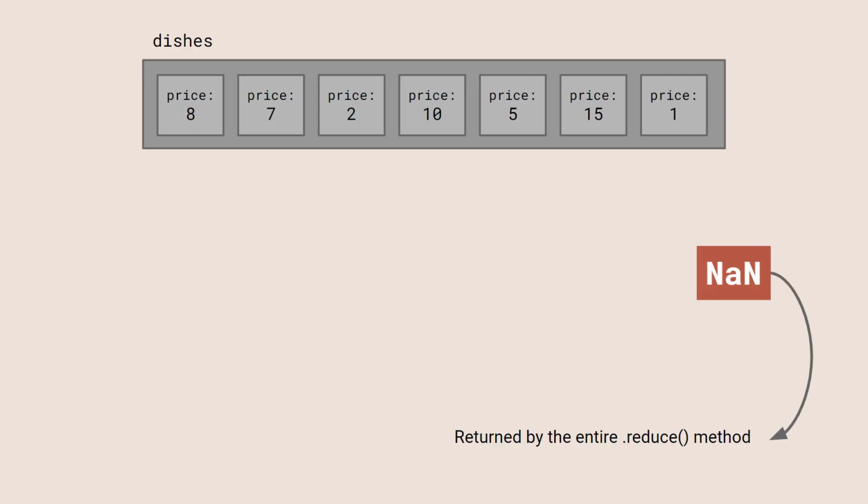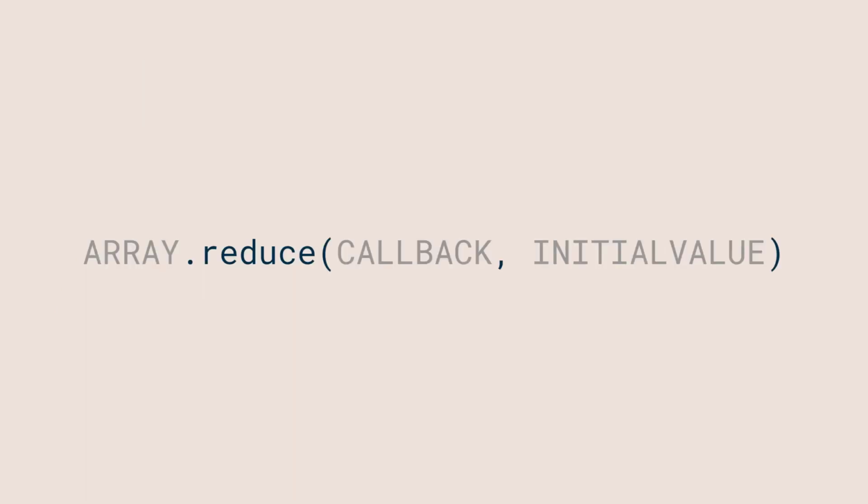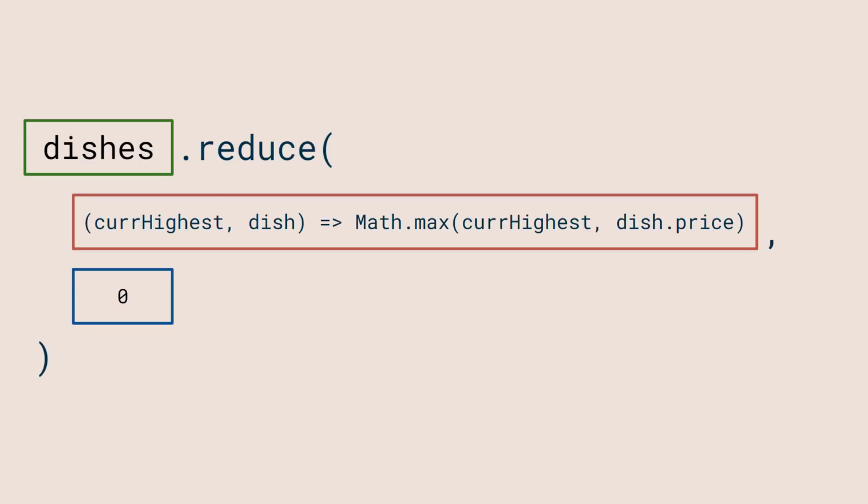Luckily, there is a pretty easy way to fix this. We just have to tell it to use the second option for how to handle that last returned variable on the first call. We need to give it an initial value. The way we do that is by passing a second parameter to the reduce array method. In this instance, we're going to use 0 as our initial value.